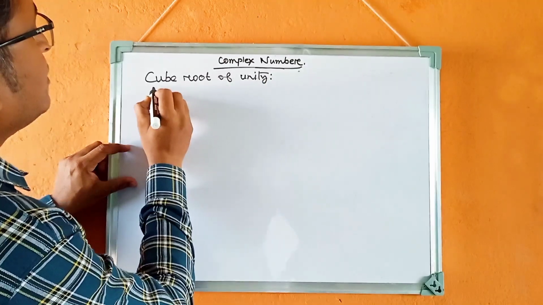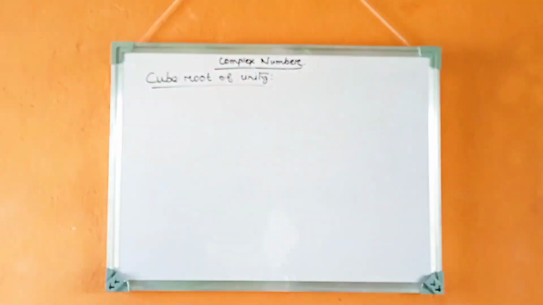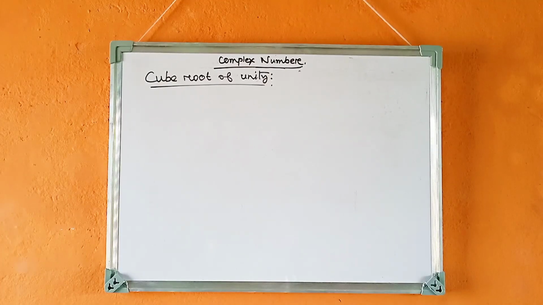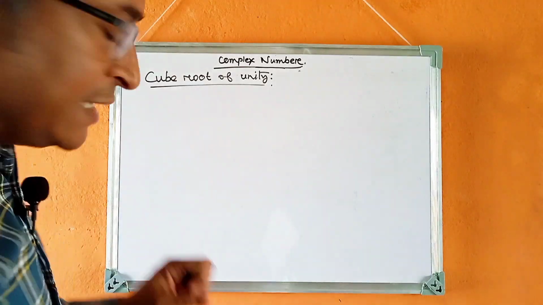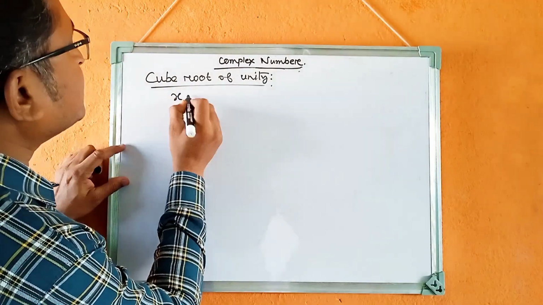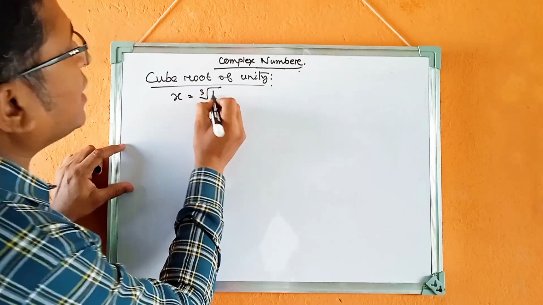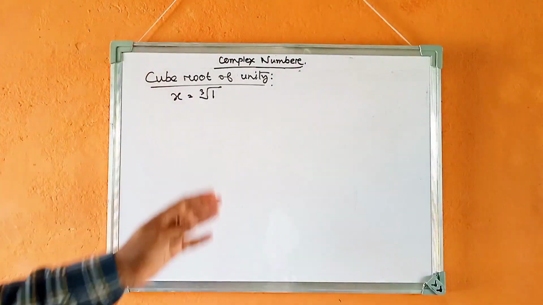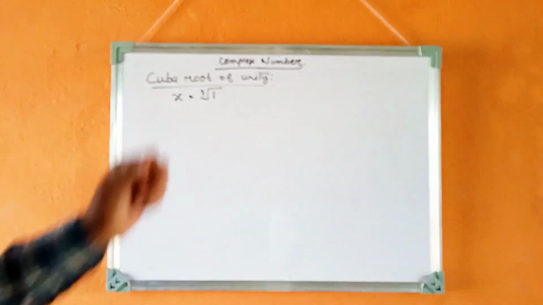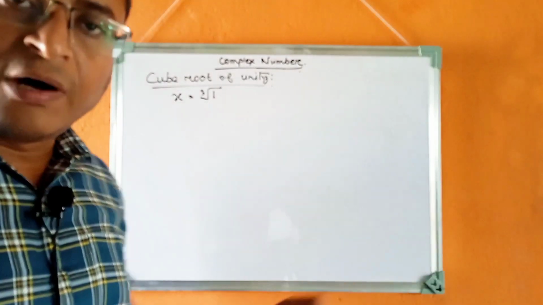See what is cube root of unity. Let x be a cube root of unity. Then we write x equal to cube root of 1. Unity means 1. So we write x equal to cube root of 1.